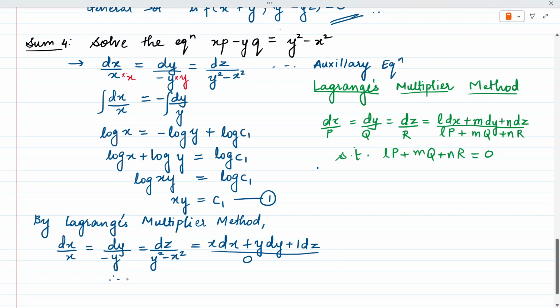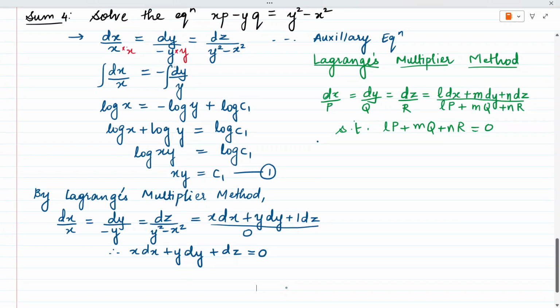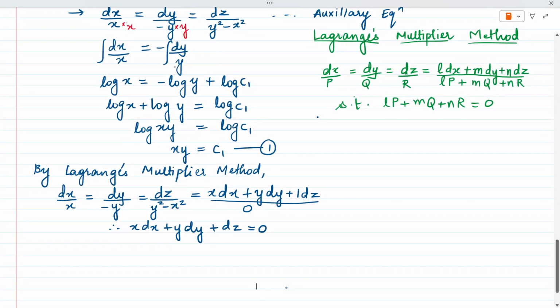And therefore now I can say x dx plus y dy plus dz is equal to 0. On cross multiplying with any of the ratios, you will get the answer as 0. Now we integrate them. So I'll get integral of x dx plus integral of y dy plus integral of 1 dz is equal to integral of 0, you can say.